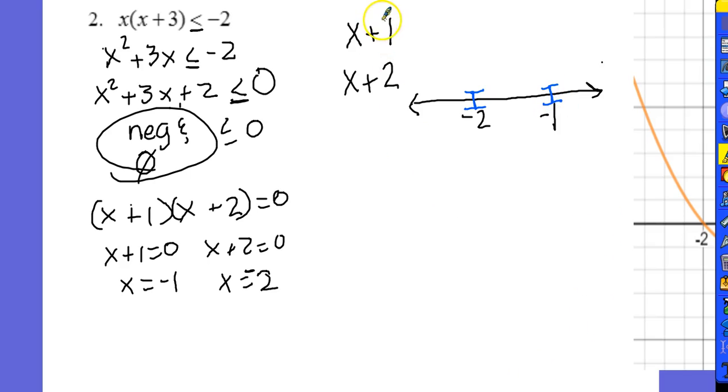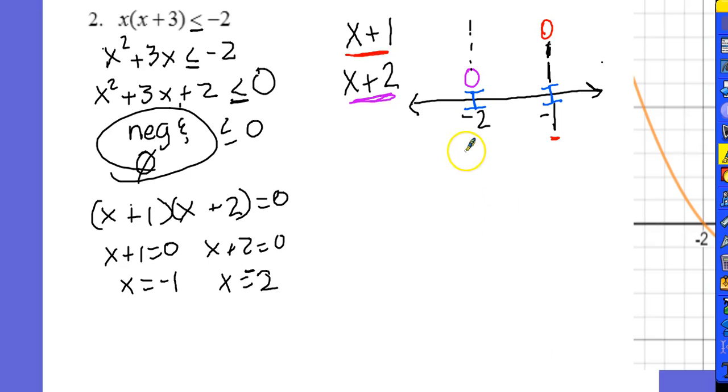And then we're going to identify the zeros. So the zero for x plus 1 is -1, so we'll break up that interval. And then for our x plus 2, -2 would create 0 there, so we'll break it up. So we have interval 1, 2, and 3.